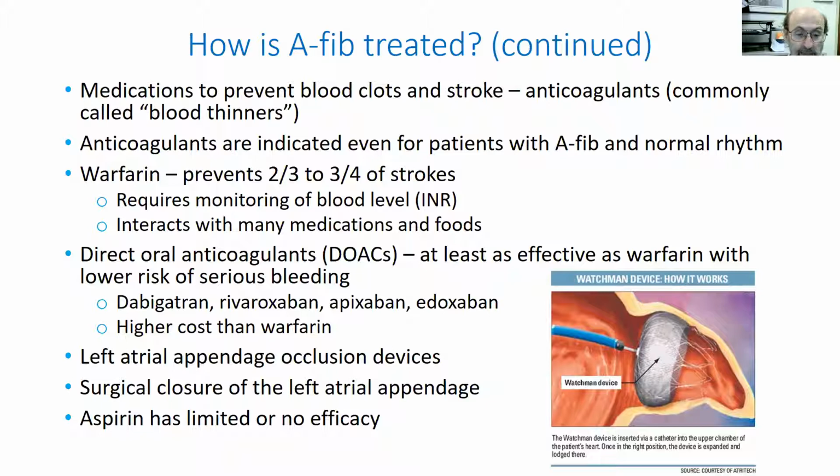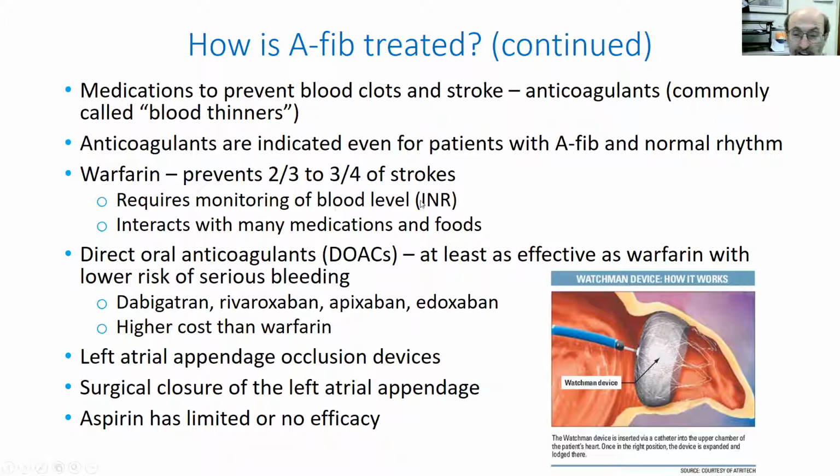As recently as 10 years ago, we only had one anti-clot medication available to us, and this was warfarin or Coumadin. This has been shown to be quite effective in preventing stroke, preventing two-thirds to three-quarters of strokes in people with atrial fibrillation. It's a difficult medication to use, in part because it requires relatively frequent monitoring of the blood level of what's called the INR, which stands for International Normalized Ratio.